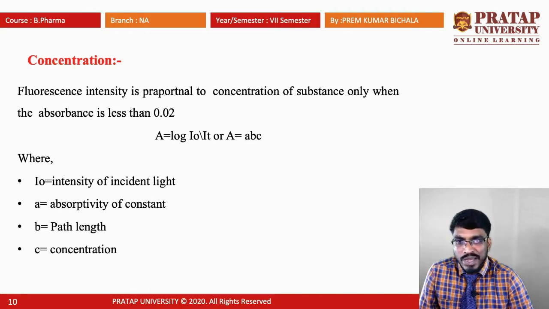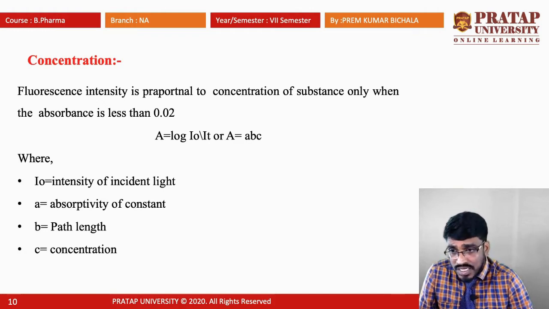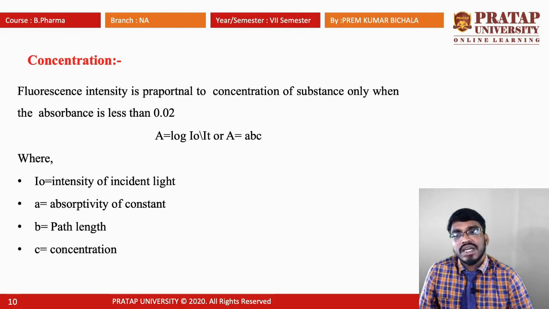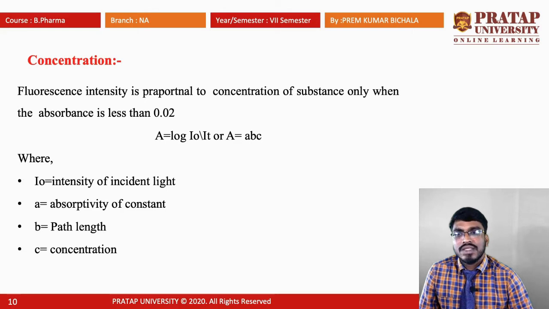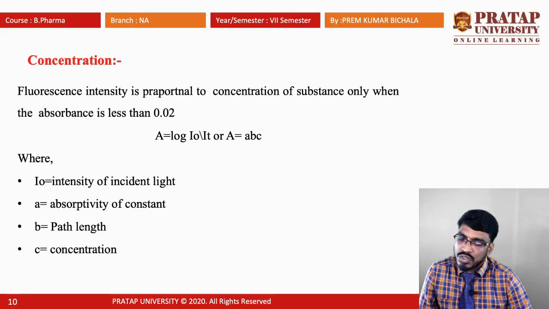So A = abc, where I0 gives the intensity of incident light, IT the intensity of transmitted light, small a the absorptivity constant or molecular absorptivity, b the path length, and c the concentration. The absorptivity should be a constant value and the path length is a fixed value. Therefore, the absorbance or fluorescence intensity is directly proportional to the concentration of the sample.